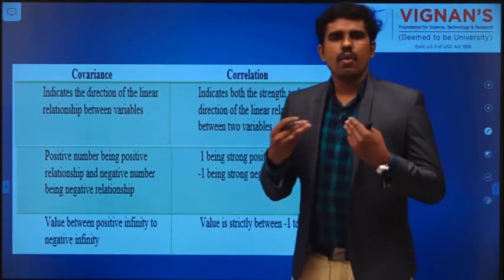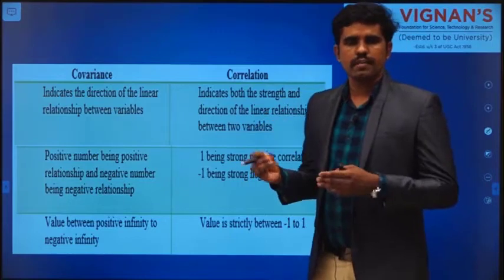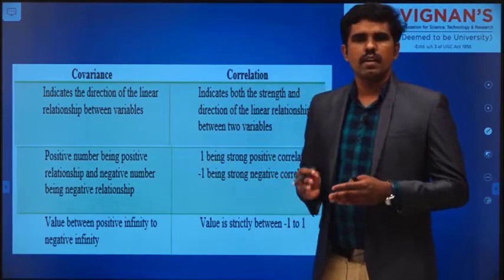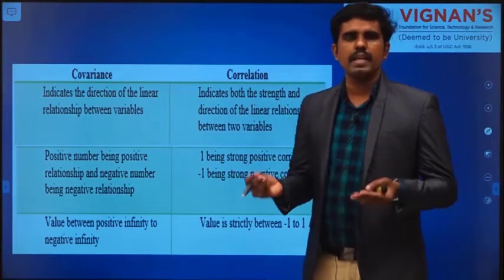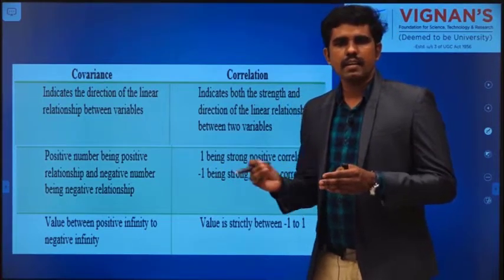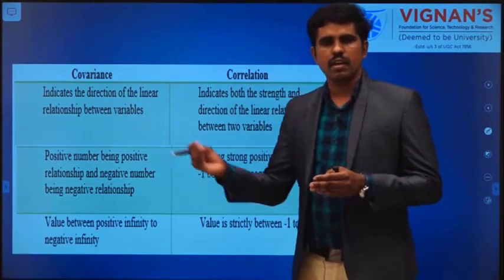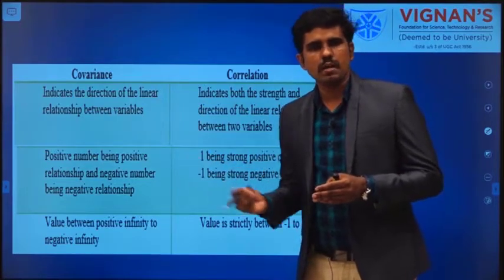Suppose I want to reach Guntur. I have to increase my speed. If I increase the speed of the bike, I can reach my destination within a short period of time.